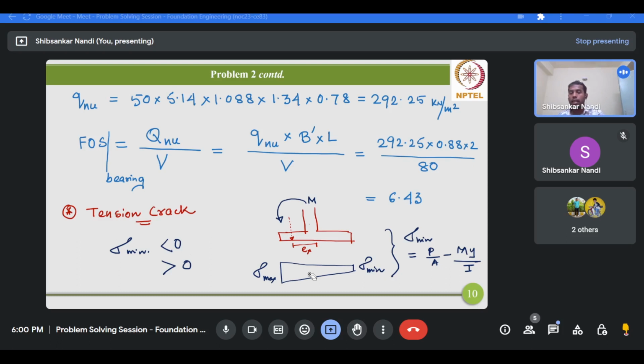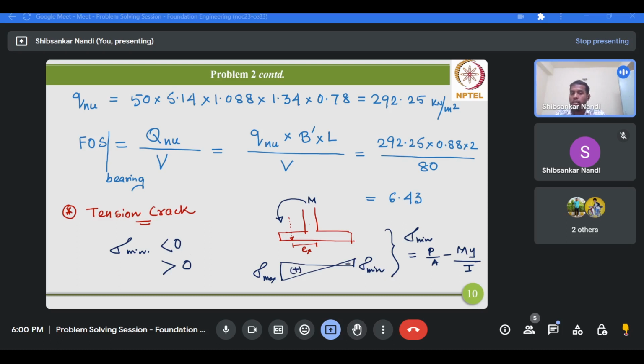Now what does a negative value of sigma min indicate? It indicates that some part of the soil beneath the foundation is in tension. So there is no contact between the adjacent soil and the footing. This part is in tension, and you know that soil is very weak in tension.